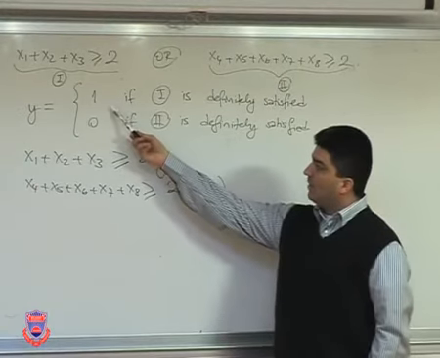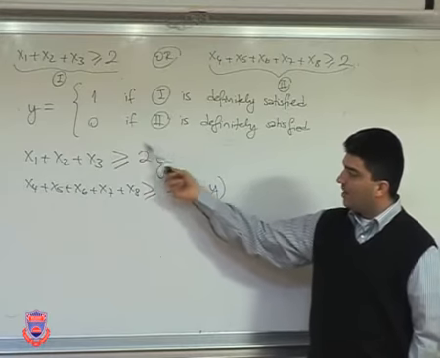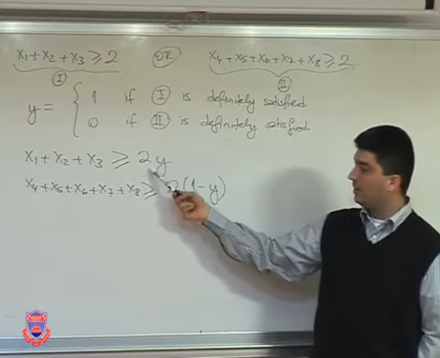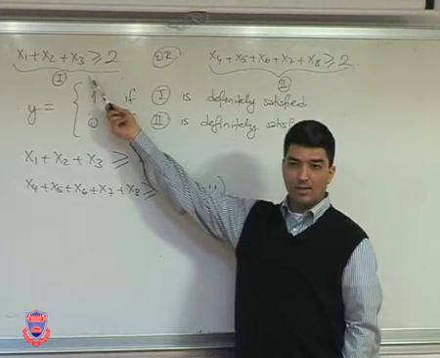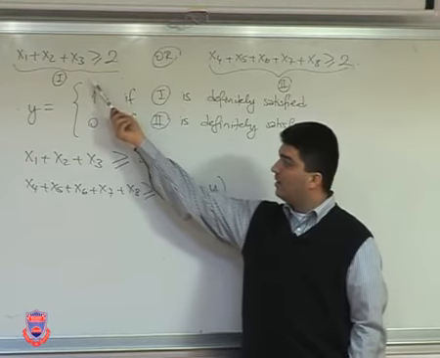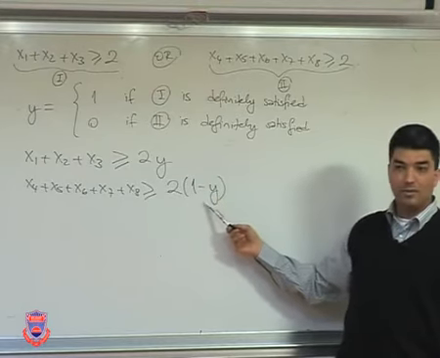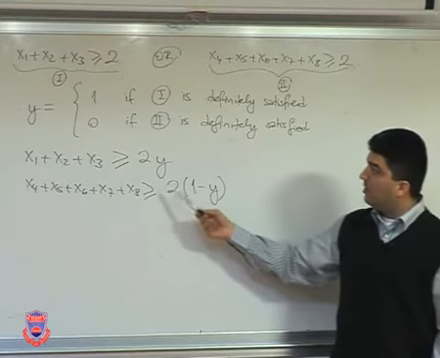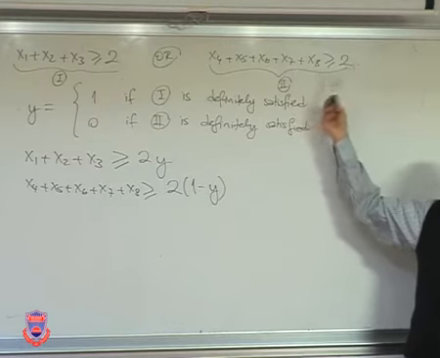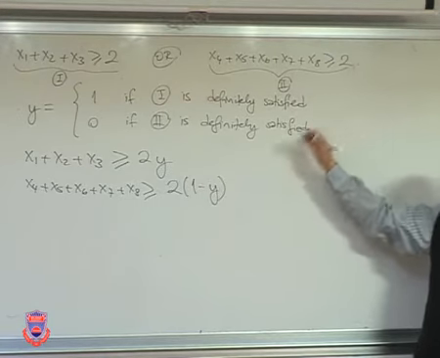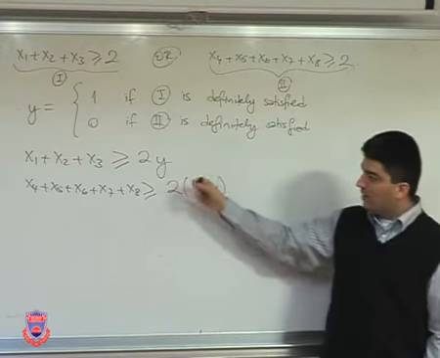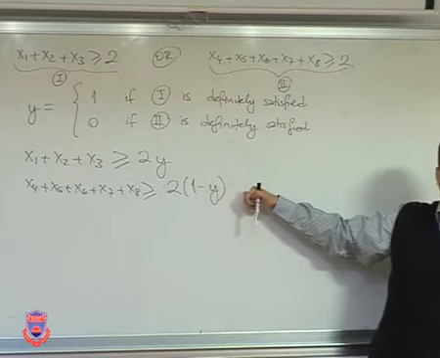If y is equal to 1, then the right-hand side of the first constraint becomes 2, in which case this is always satisfied. And if y is equal to 1, then the right-hand side of the second constraint becomes 0, which means that the second inequality may or may not be satisfied. So in other words, when y is equal to 1, this constraint becomes redundant.